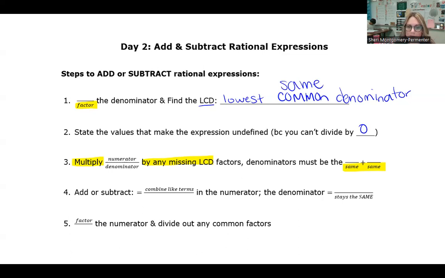So when we add or subtract, you combine like terms on the top and the bottom stays the same. So the first step had us factoring just the denominator, just the bottom. You don't factor the top until the very last step. So the last step, we're going to factor the top, and then we will reduce.